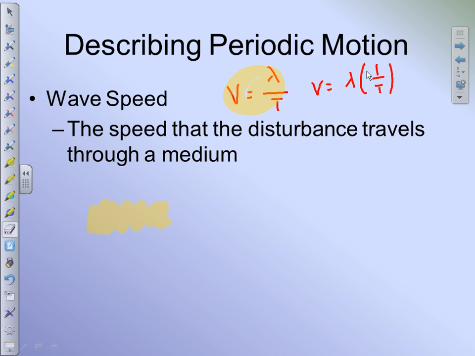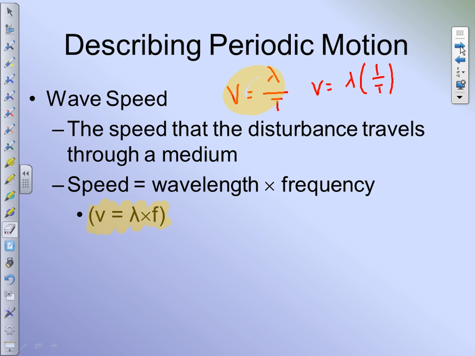If we take lambda times 1 over t, we get lambda over t. But 1 over t is also how we can express the frequency. So we can also calculate the speed of a wave by taking its wavelength and multiplying it by its frequency. We can do wavelength divided by period, distance over time, or we can do wavelength times frequency.